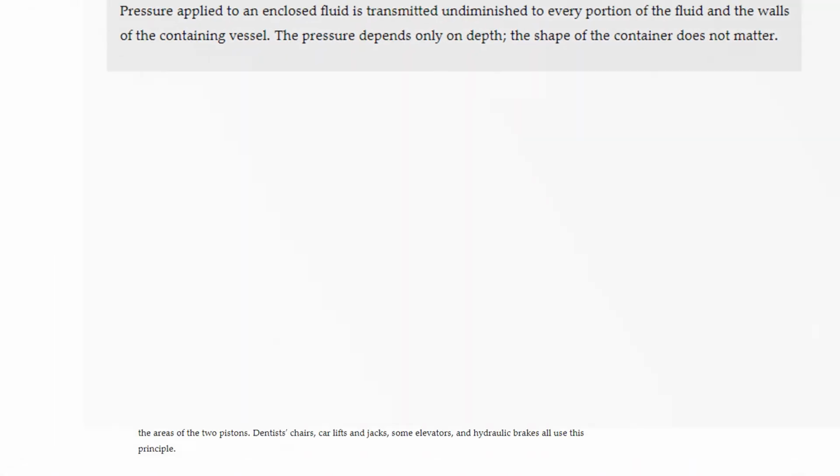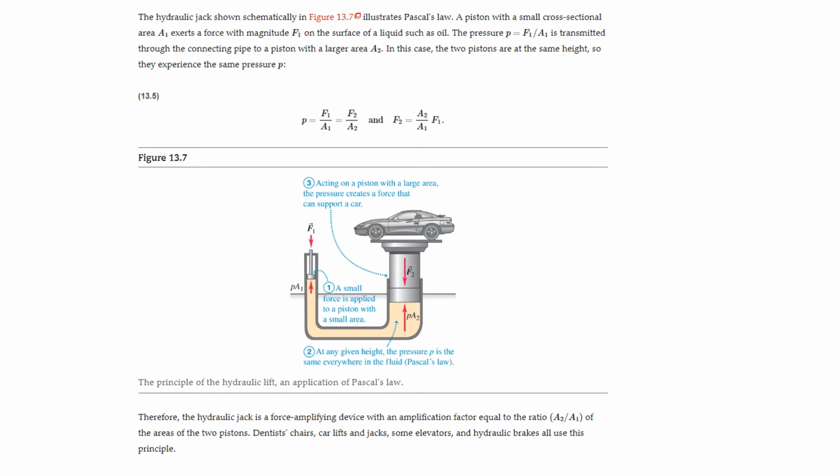Let's talk about what that means in this context. So suppose you have a little disc and you're putting a pressure 1 on that. That causes a pressure. It goes through, but now what you have is a big volume here, a big area, but it's the same pressure.